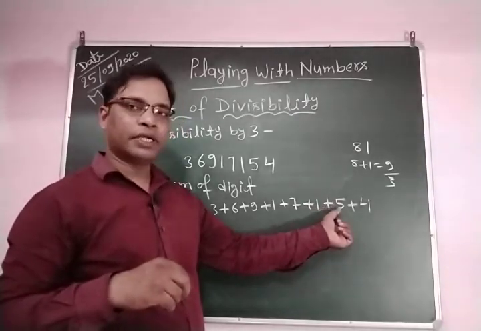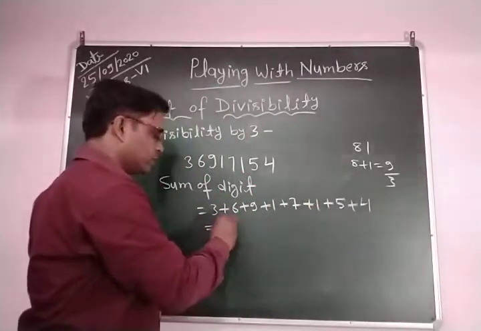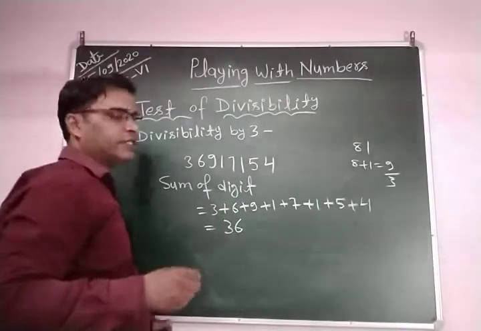Plus 5 is 32. 32 plus 4 is 36. So the sum of digit is 36.